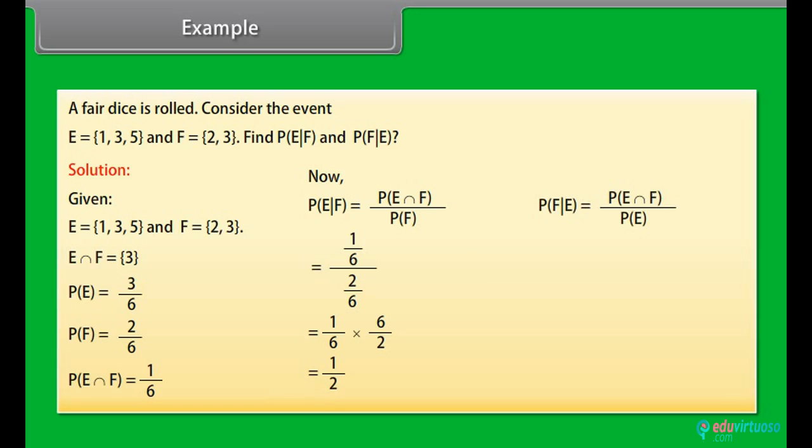Conditional probability of F when E is given is equal to probability of E intersection F by probability of event E is equal to 1 by 6 divided by 3 by 6 is equal to 1 by 6 into 6 by 3 is equal to 1 by 3.